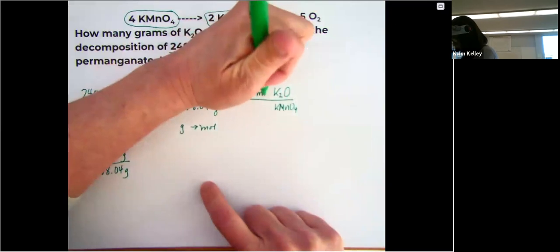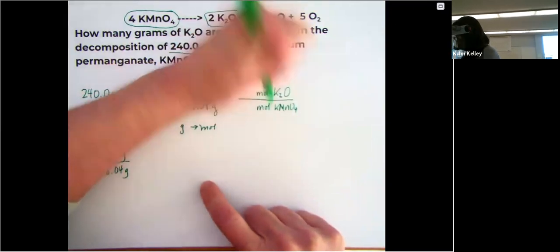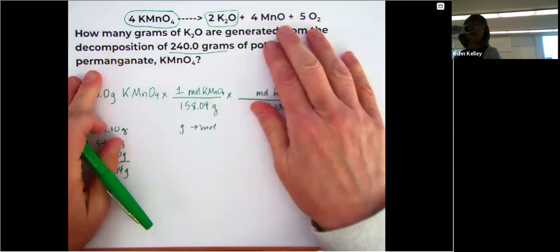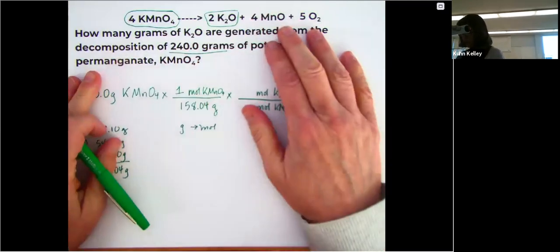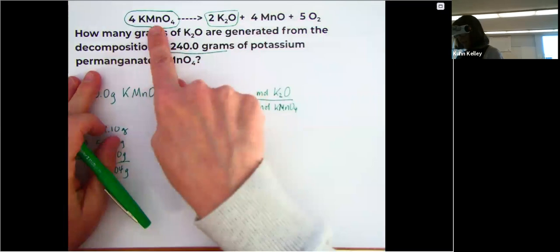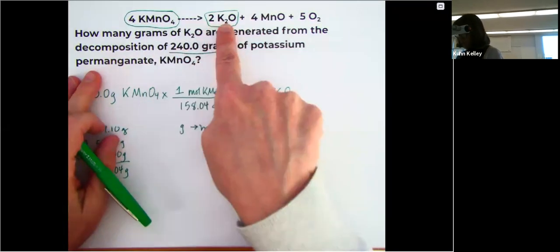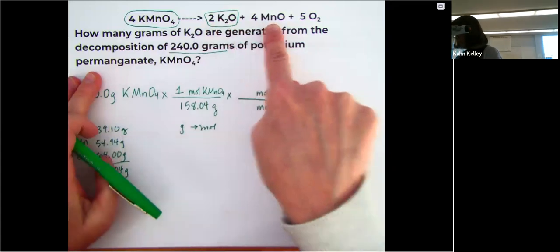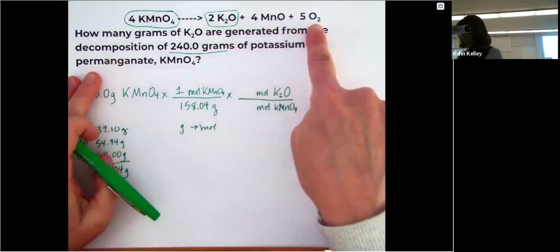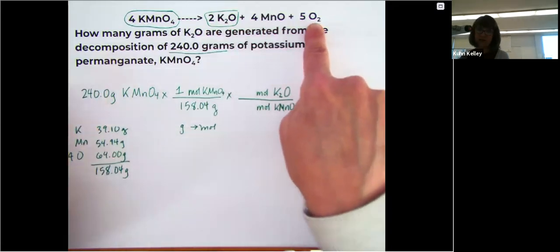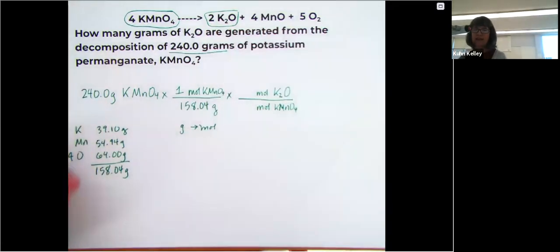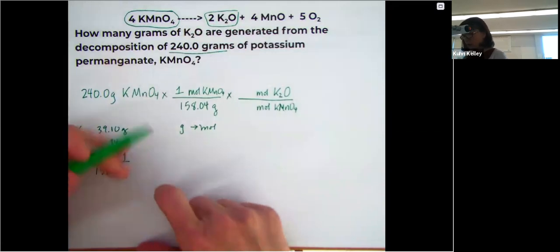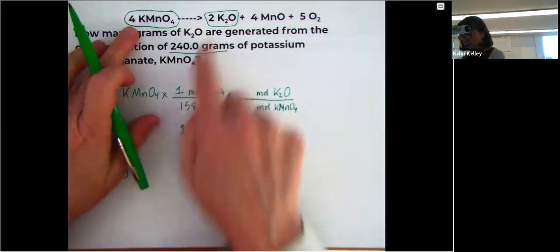We call this the mole to mole ratio because if we were reading this chemical reaction we could say 4 moles of potassium permanganate decomposed to make 2 moles of potassium oxide, 4 moles of manganese dioxide, and 5 moles of oxygen. Really, chemical reactions are kind of like a recipe in that those coefficients tell you the ratio at which they react and form. This is where we're actually going to use those coefficients.